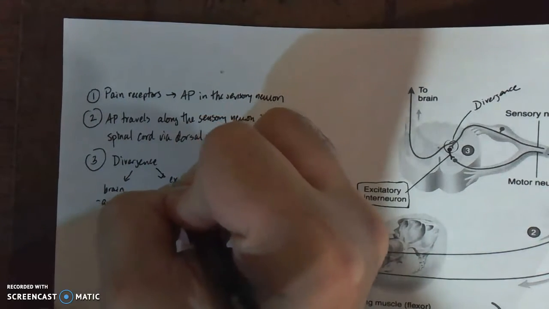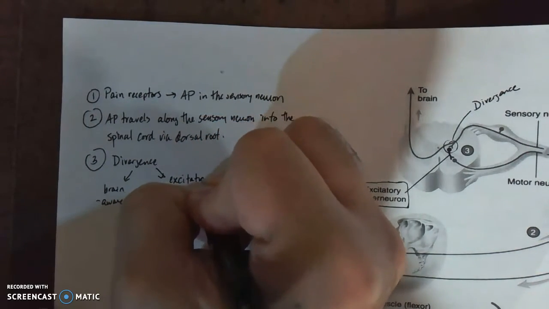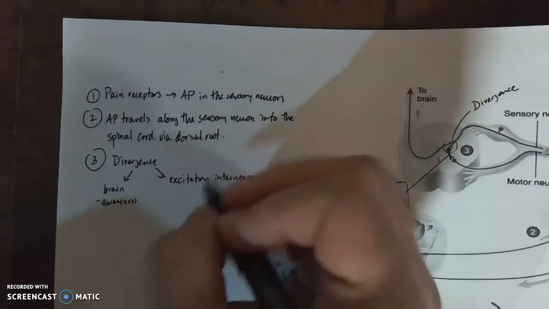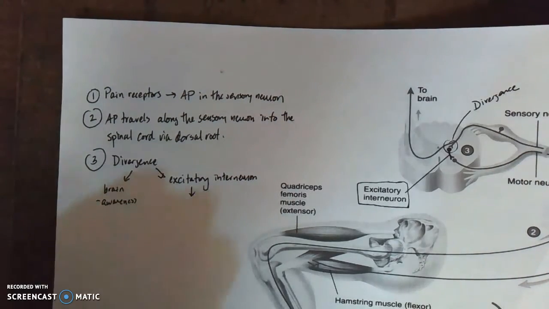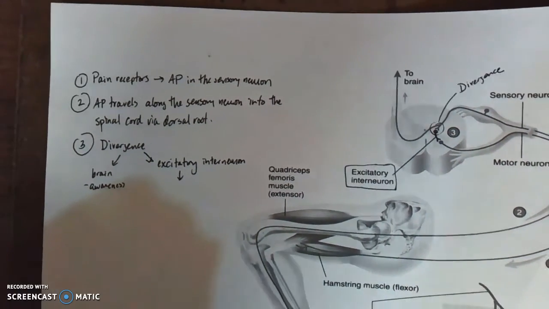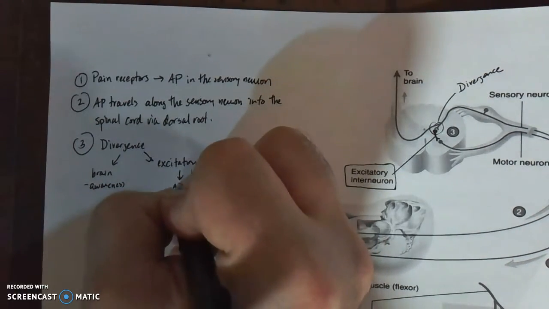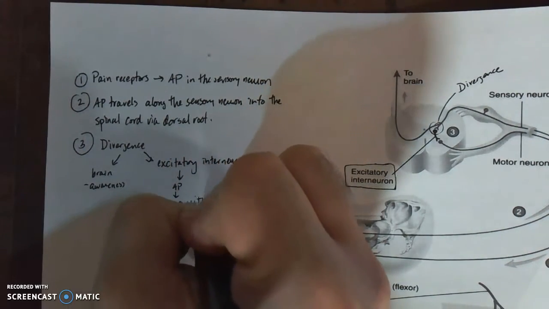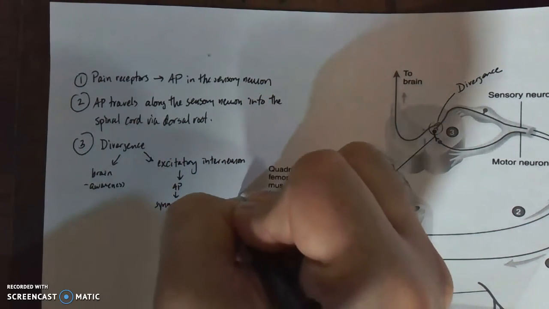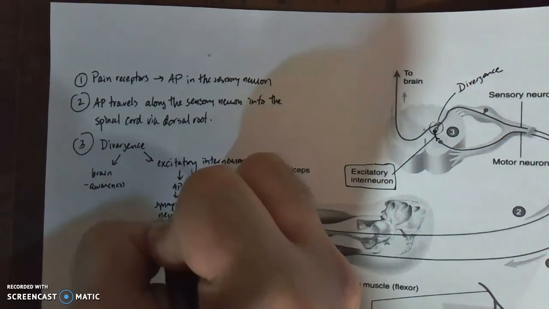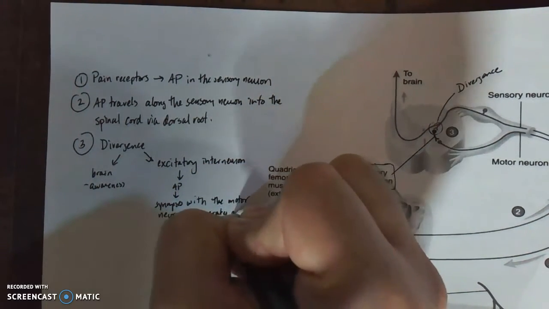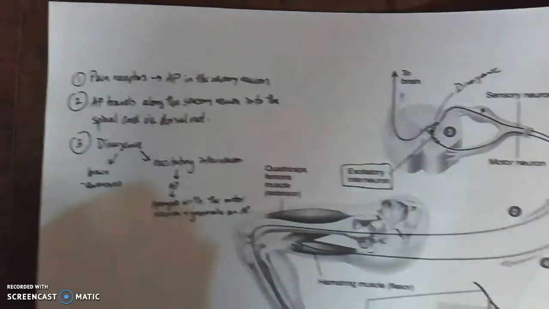And then an excitatory interneuron. So that excitatory interneuron is just a relay, and it synapses with the motor neuron and generates an action potential.